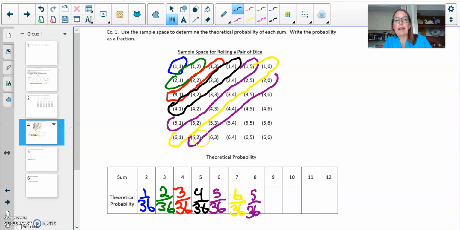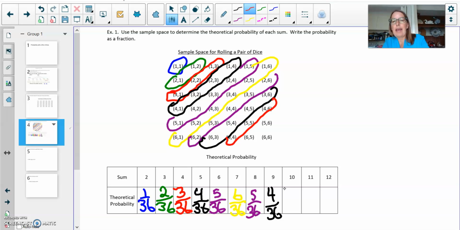A sum of 9 happens 4 ways. So that probability is 4/36. A sum of 10 happens 3 ways. So that would be 3/36. A sum of 11, 2/36. And a sum of 12 happens 1 way, 1/36.